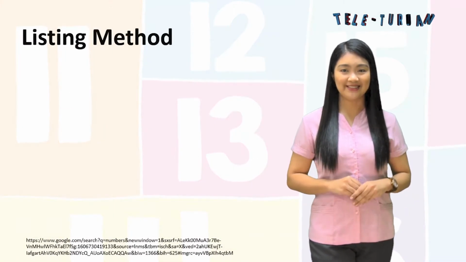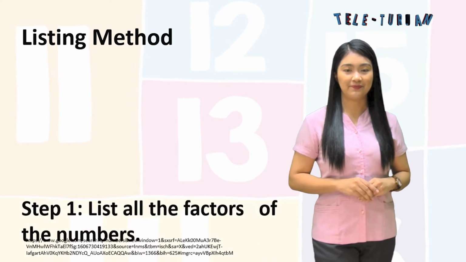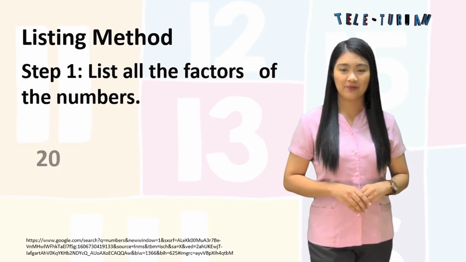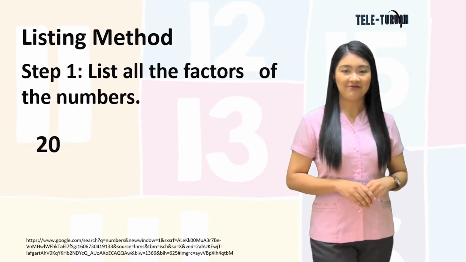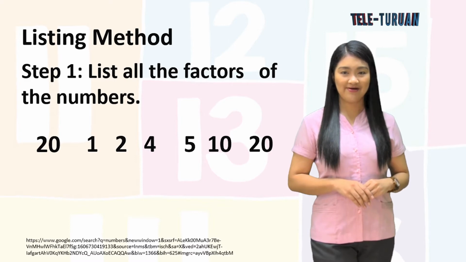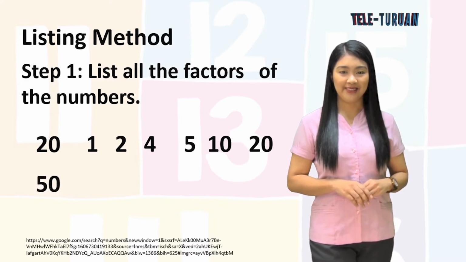The first one is the listing method. We have 3 steps in this method. Step 1, list all the factors of the numbers. 20. The factors of 20 are 1, 2, 4, 5, 10, and 20. 50.